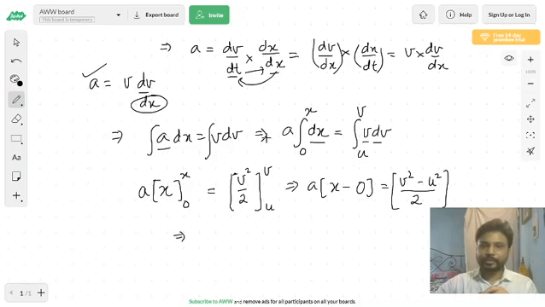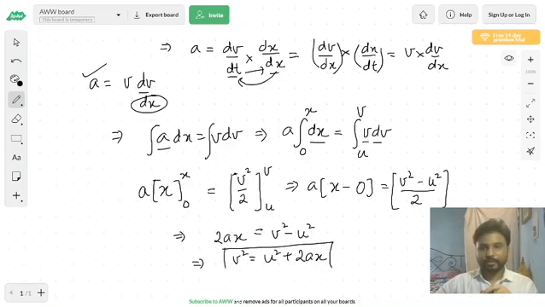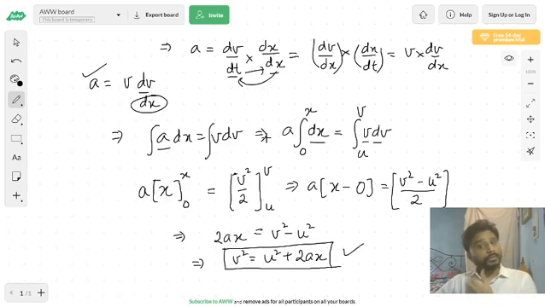This implies 2ax is equal to v square minus u square, or v square is equal to u square plus 2ax. So the idea is always the same. We put the final value first: the final velocity v square minus the initial velocity u square, divided by 2, and this gave us the expression.